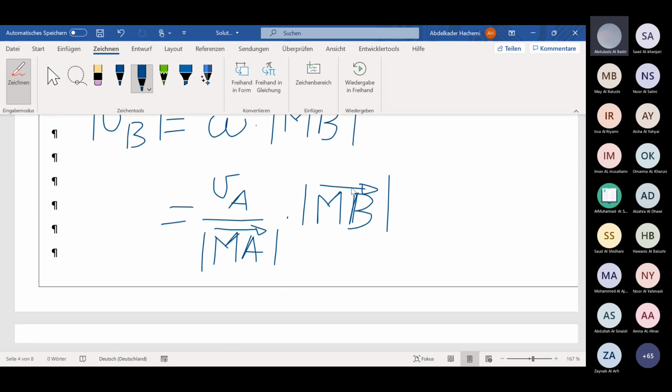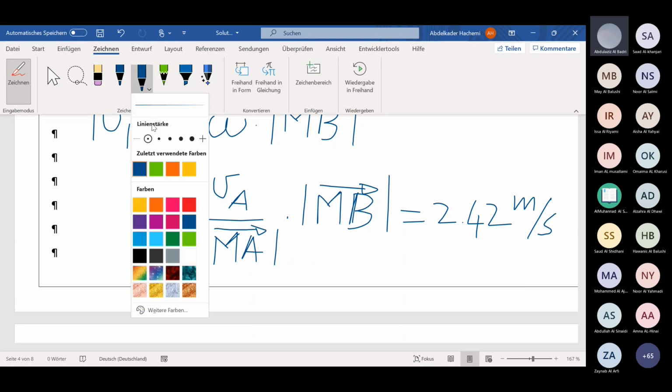Then we will find MB. As I said, you can measure it, MA also. V is given, 3 meters per second. Then we get 2.42 meters per second. Okay, this is now the value.